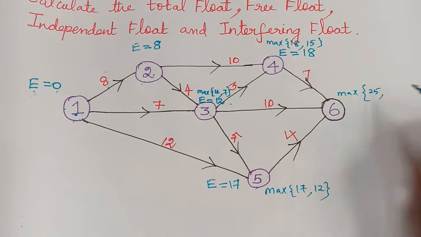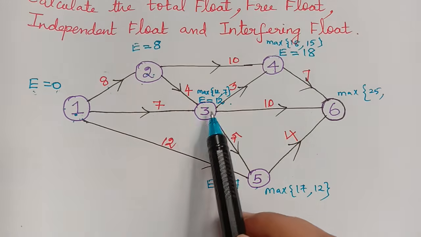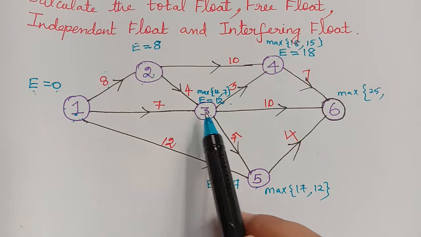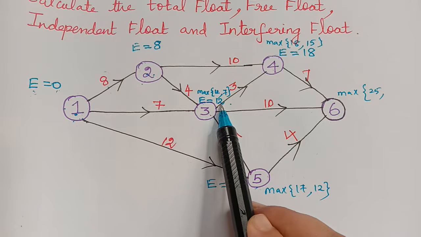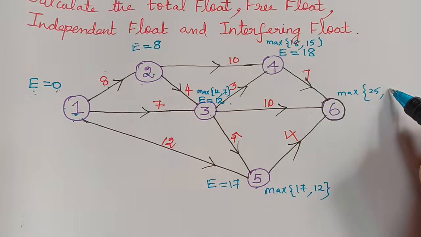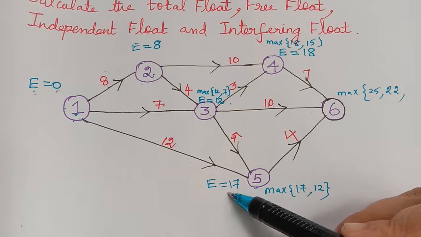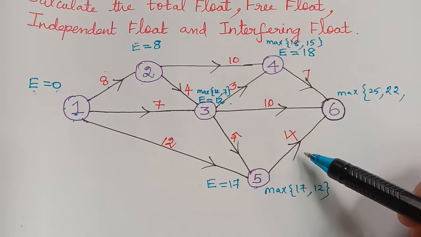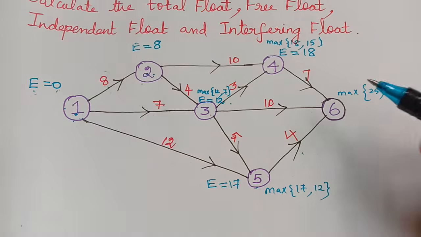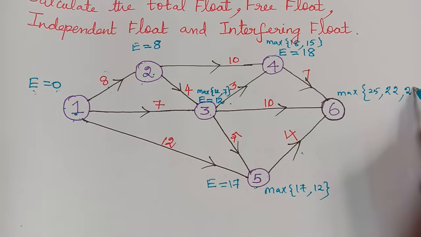So 25, comma, and here for the event 3, the value of E is 12. So 12 plus 10 gives us 22. And then the value of E here is 17. So 17 plus 4 is 21.